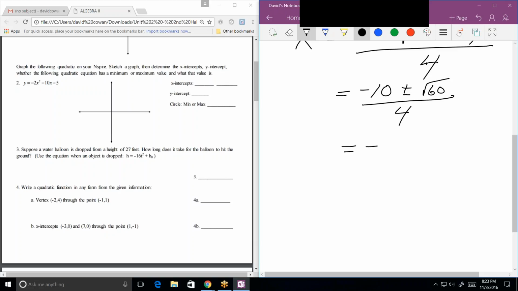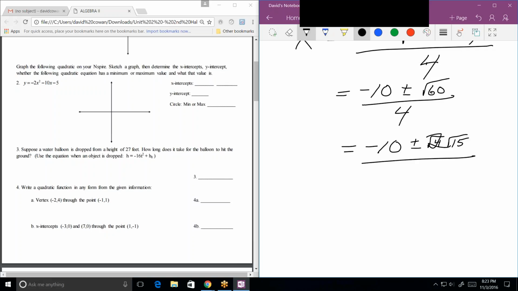It becomes minus 10 plus or minus square root of 4 times square root of 15, which becomes a 2 all over 4. Now I can divide top and bottom by 2, giving me minus 5 plus or minus root 15 all over 2.